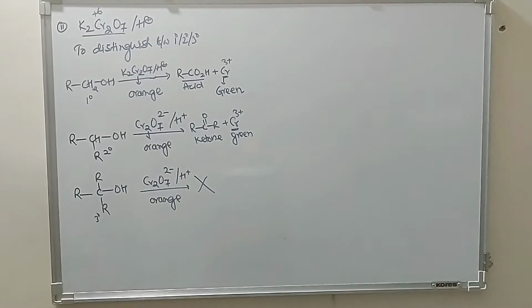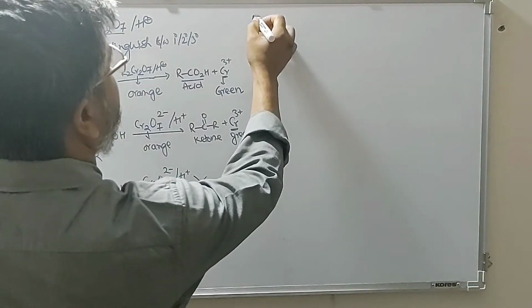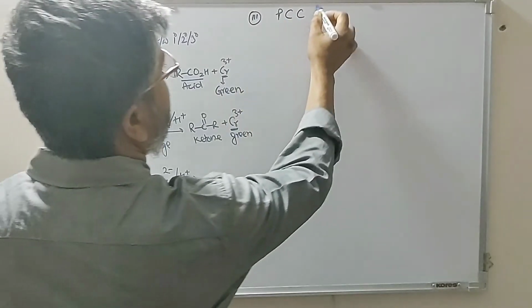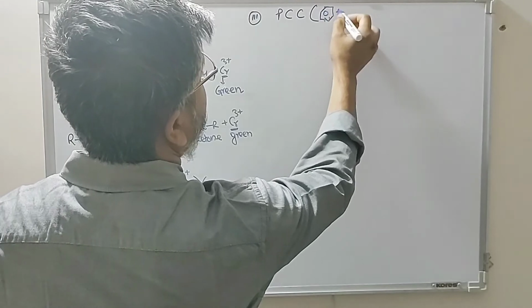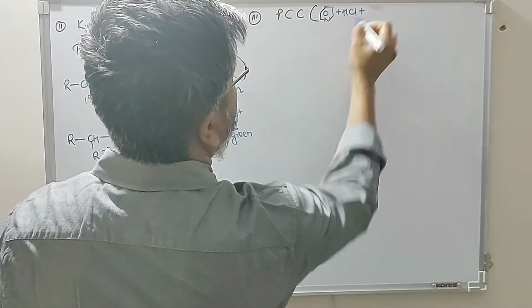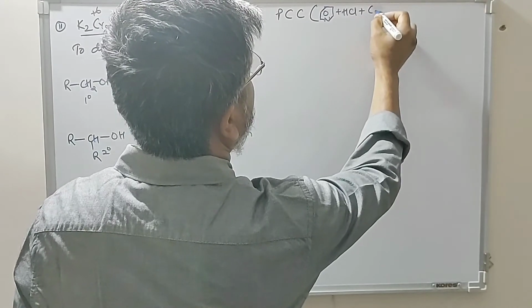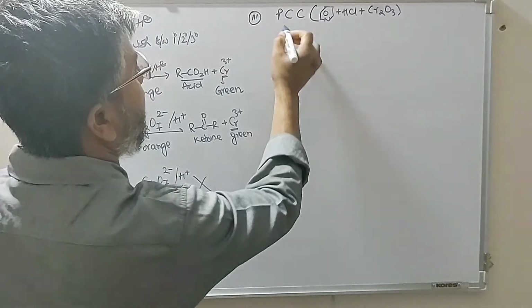Now, there are some mild oxidizing agents like PCC. This is a mixture of pyridine, HCl, Cr2O3.